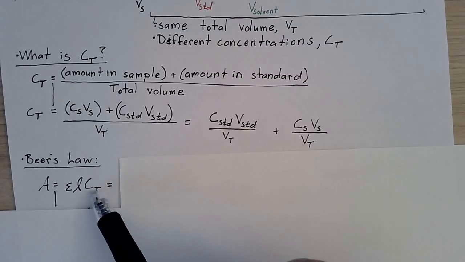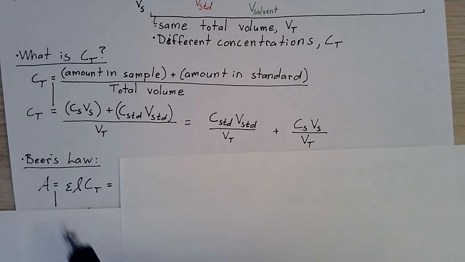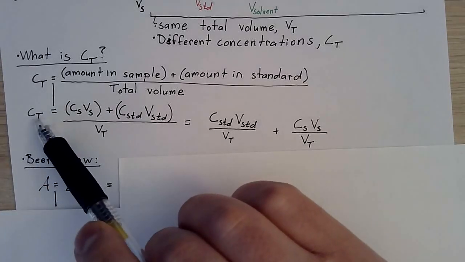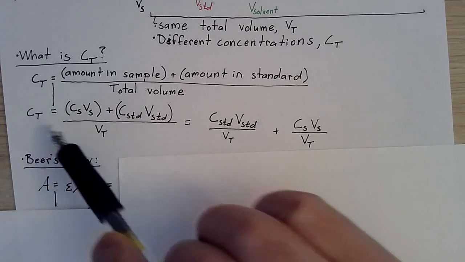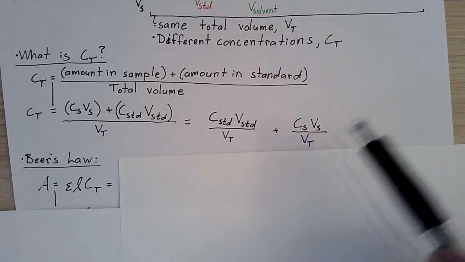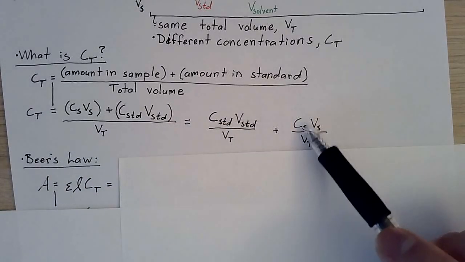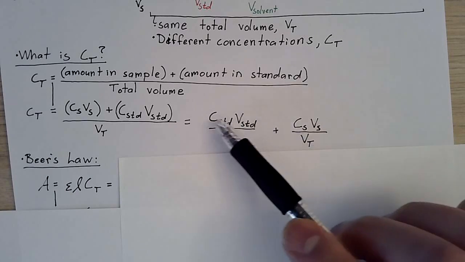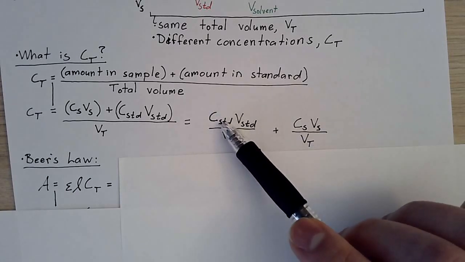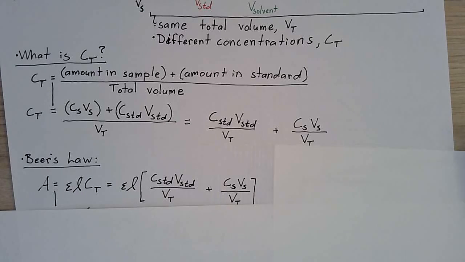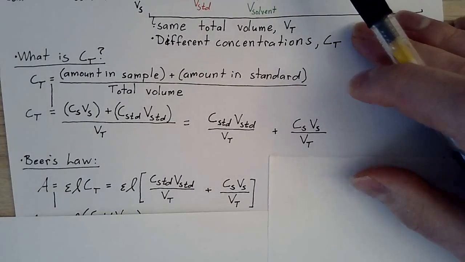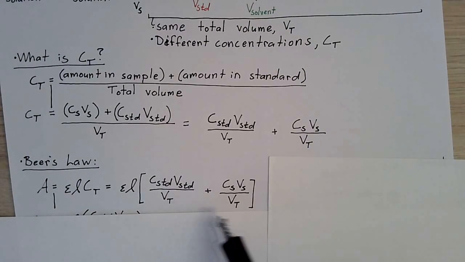So this is always just going to be the total concentration of the solute. But we know now that the total concentration of the solute is given by this expression here, which relates it to the concentration in the sample solution and the concentration in the standard solution that we made. So we can substitute that expression in for total concentration, which we've done here, just copying it down.